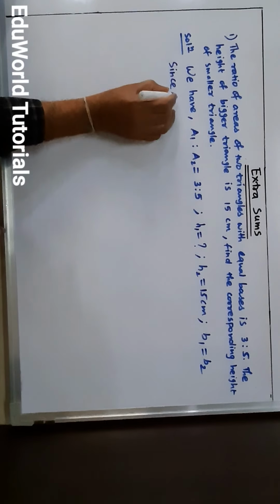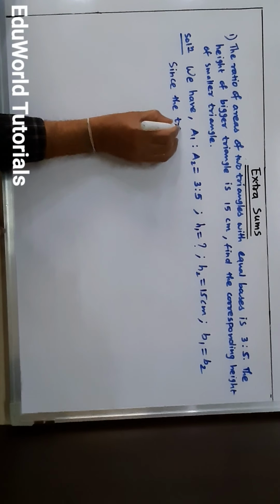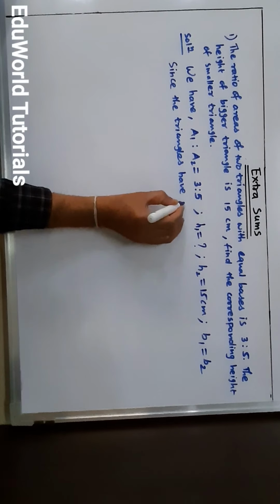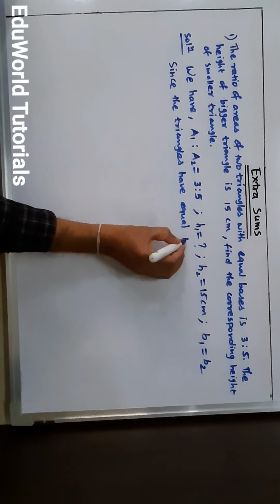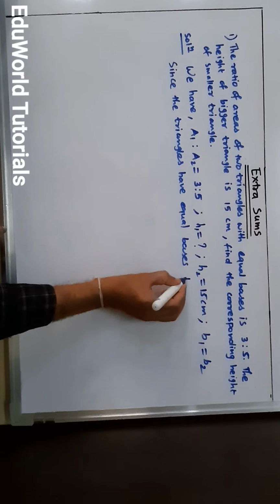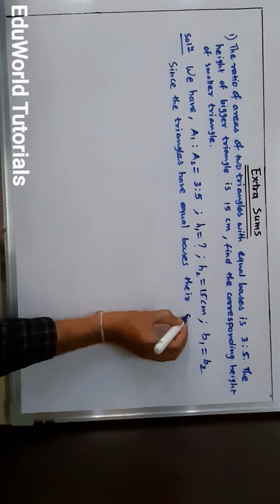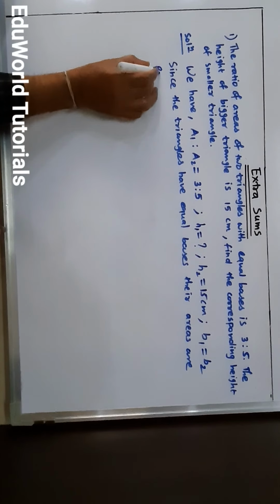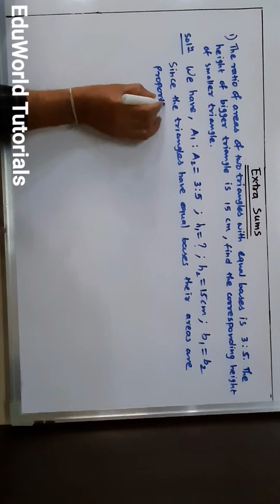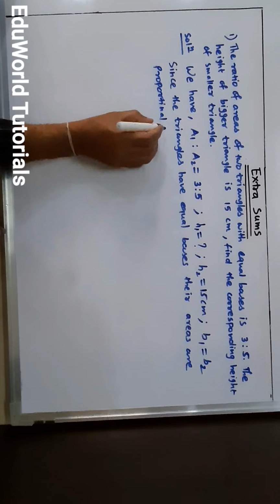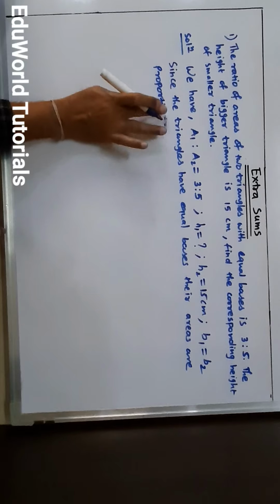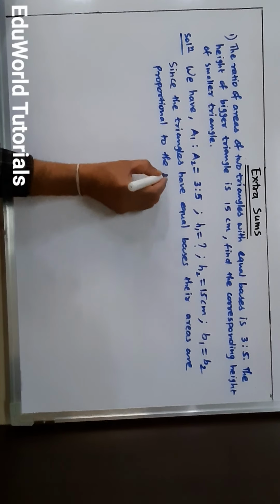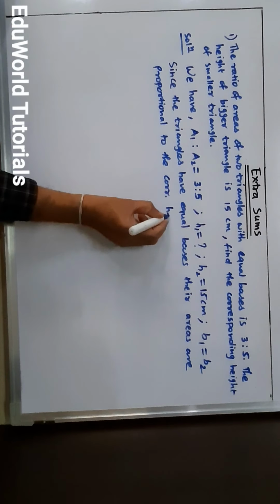So what do you have to write? Since the triangles have equal bases, their areas are proportional to the corresponding heights.